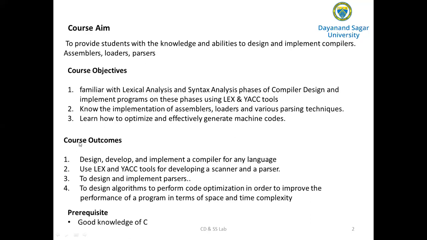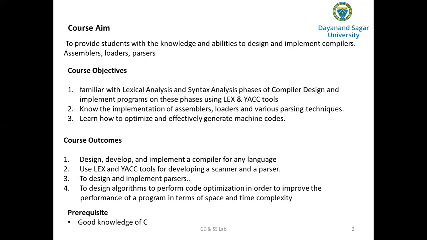Okay. And then what are the course outcomes? So there are 4 course outcomes. The first outcome is to design, develop, and implement a compiler for any language. That means upon completion of this course, you should be able to construct a compiler for a given language. The second course outcome: you should be able to use Lex and Yacc tools for developing a scanner and a parser.